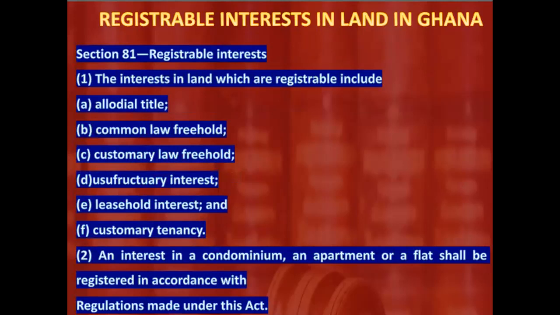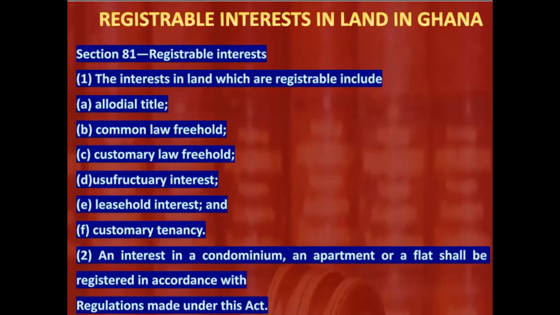So when you look at Section 81 of the Land Act, it says the interests in land which are registrable include allodial title, common law freehold, customary law freehold, usufructuary interest, leasehold interest, and customary tenancy. So 6 interests are the interests which are registrable in land in Ghana.